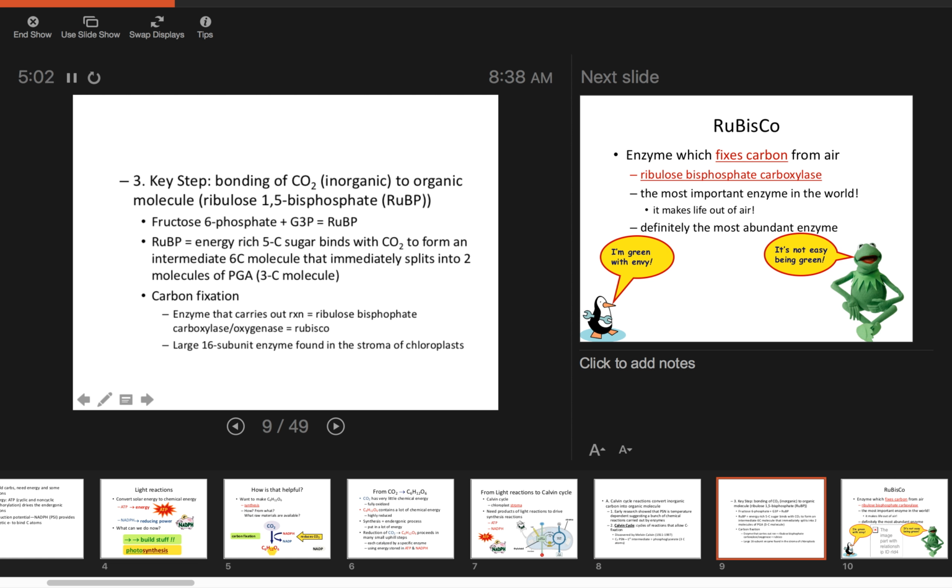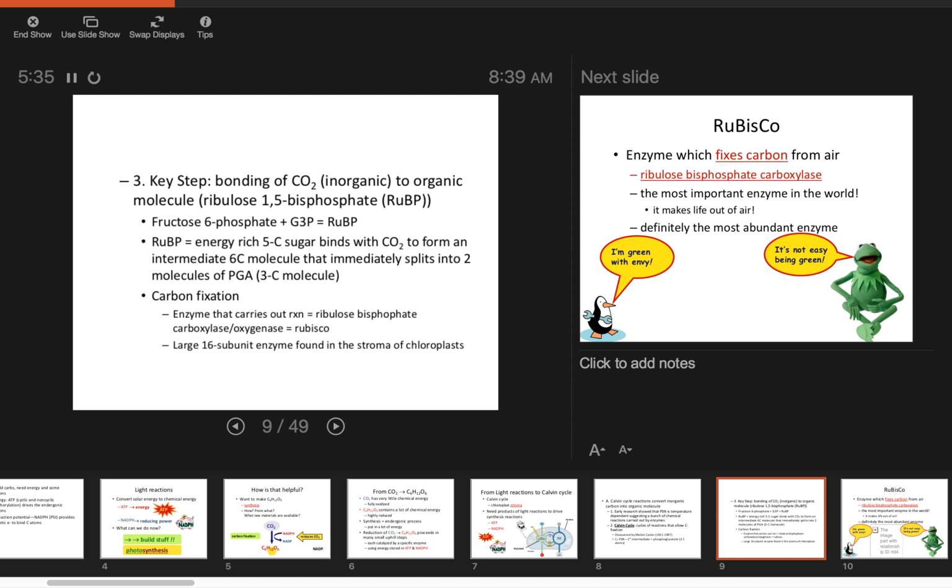So a key step is taking CO2 from the atmosphere, this inorganic form, and bringing it into the plant. And how plants do that is they need an enzyme that's called rubisco. Rubisco stands for ribulose bisphosphate carboxylase oxygenase. You don't need to know that, you just need to know rubisco. You can see how they formed the word rubisco: ribulose, bis, and then carboxylase.